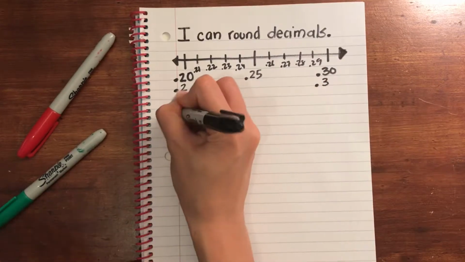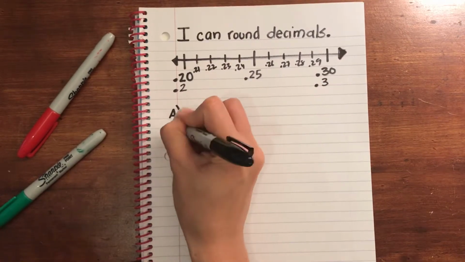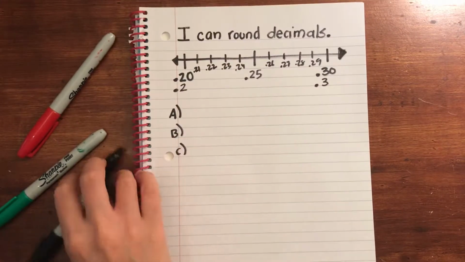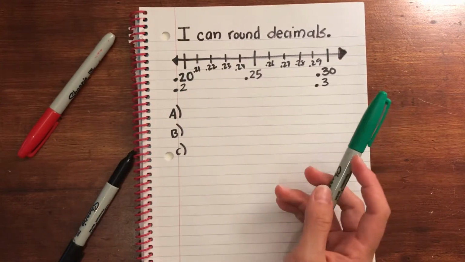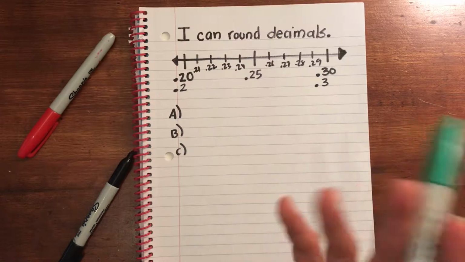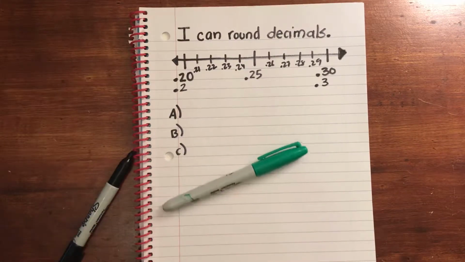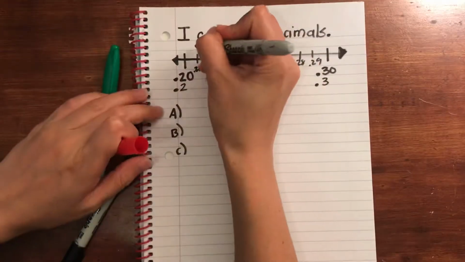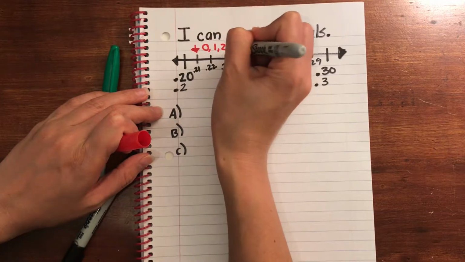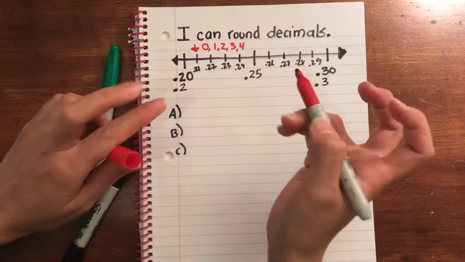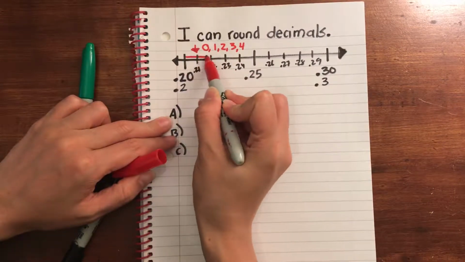Okay, so we're going to give some examples about rounding. Before we do that, let's look at rounding up and rounding down. There's lots of rhymes that you know and you can hear that say round up, round down. So if you have a 0, 1, 2, 3, or 4, you round down. We're going to talk about that in just a second.